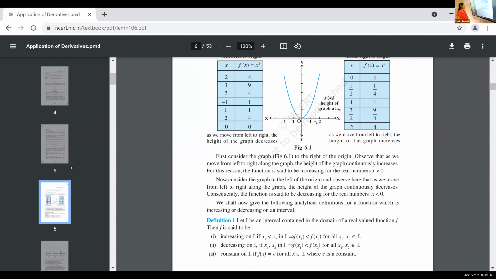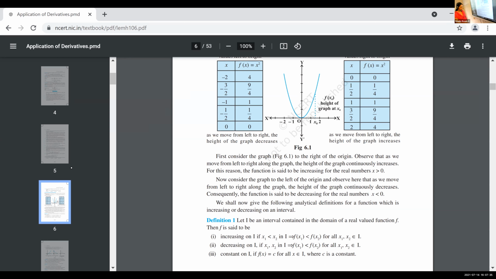Then f is said to be increasing on this interval I if x1 less than x2 implies f of x1 is less than f of x2. Again decreasing on I if x1 less than x2 implies f of x1 is less than f of x2.